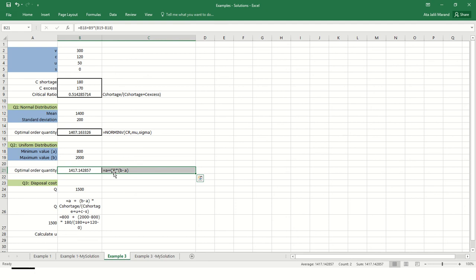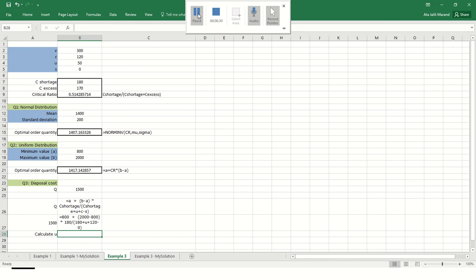We know Q, A and B, but there are unknowns in the critical ratio, and these unknowns are in U, in row 27. You can see this equation there. So we need to solve this equation to get U, and calculate the disposal cost using this equation.